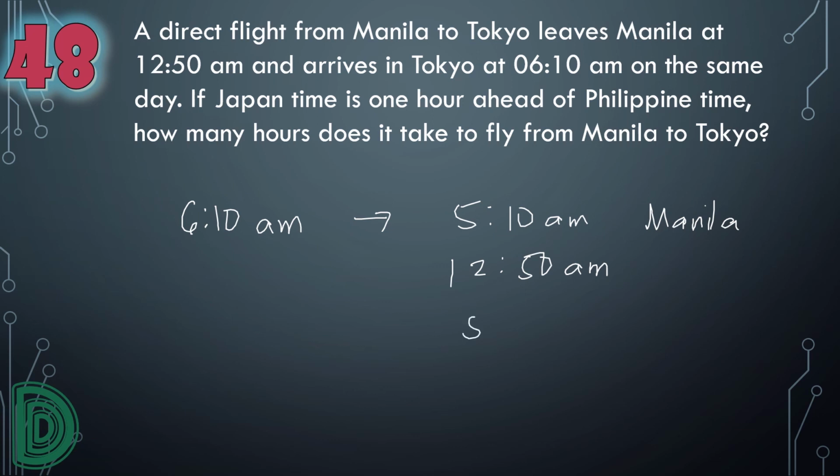So we will have 5:10 minus 0:50. So we borrow 1 hour, that will be 4. Add 1 hour to 10 minutes, that will be 70. So we'll have 0, 70 minus 50 is 20, 4 minus 0 is 4. So the answer is 4 hours and 20 minutes.